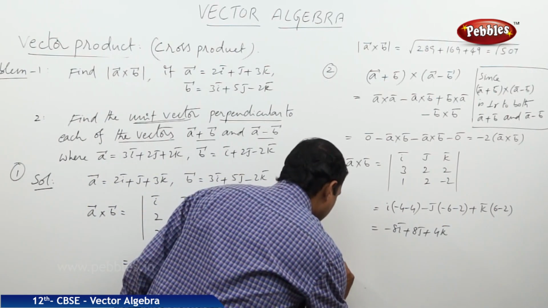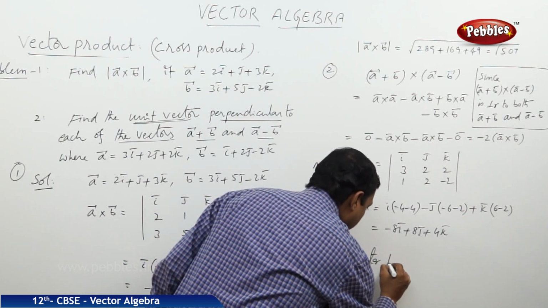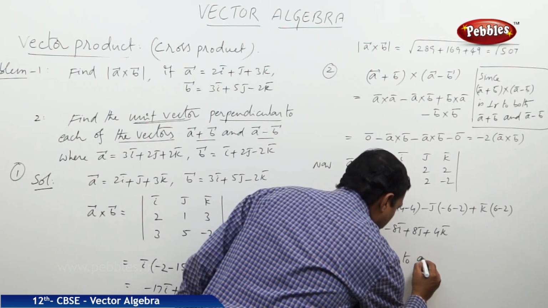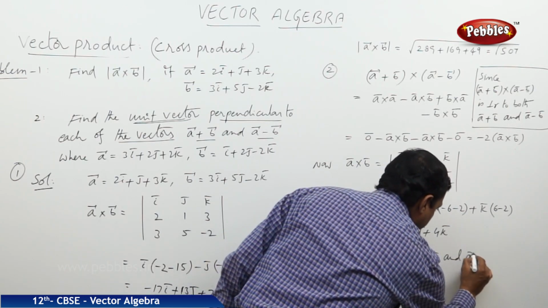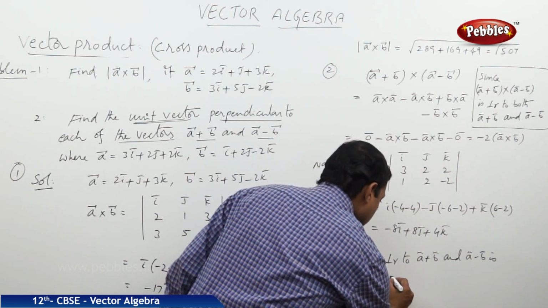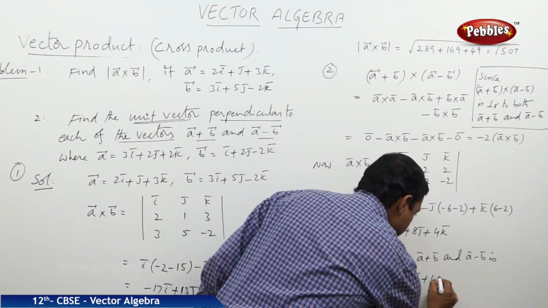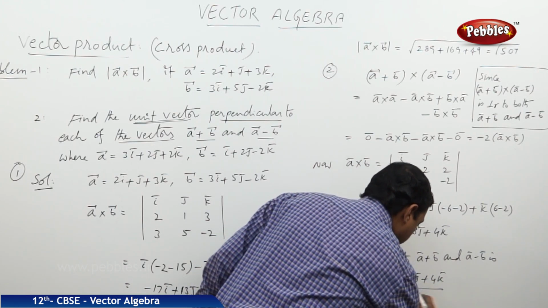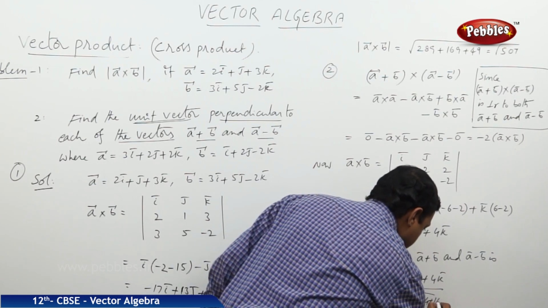Now the required unit vector perpendicular to both A plus B and A minus B is minus 8i plus 8j plus 4k divided by its magnitude, that is root of 64 plus 64 plus 16.